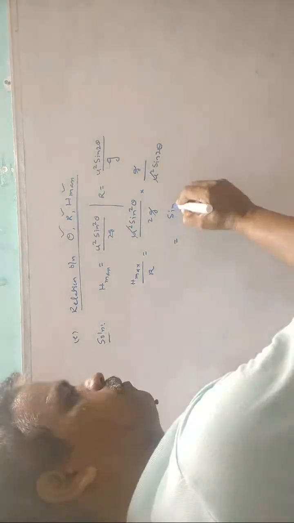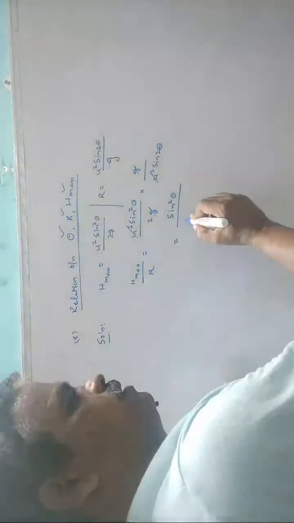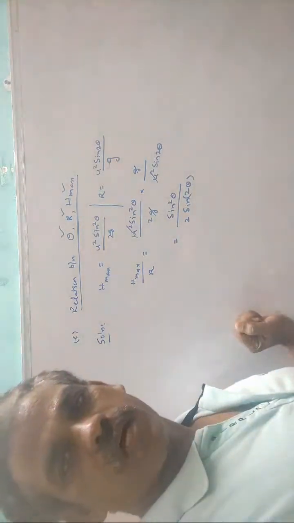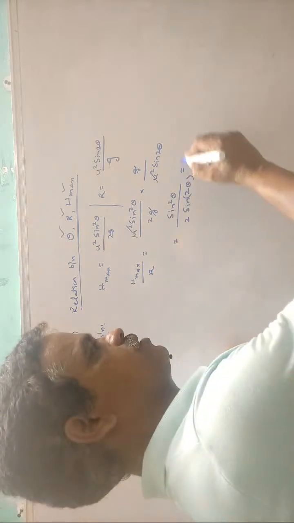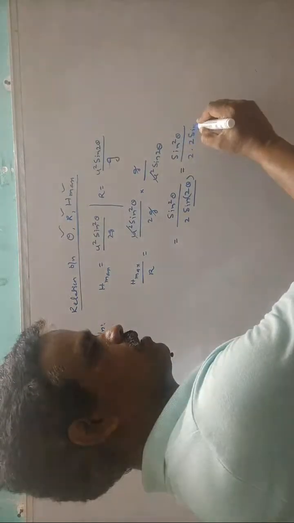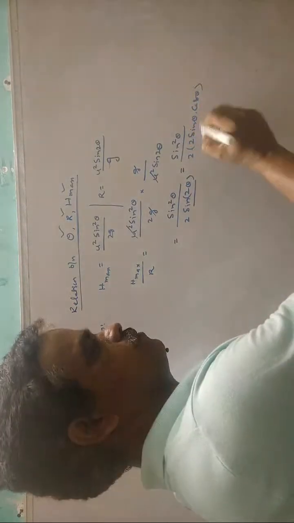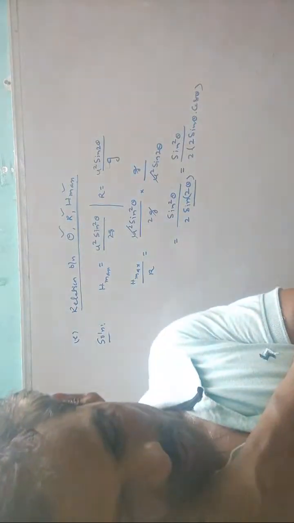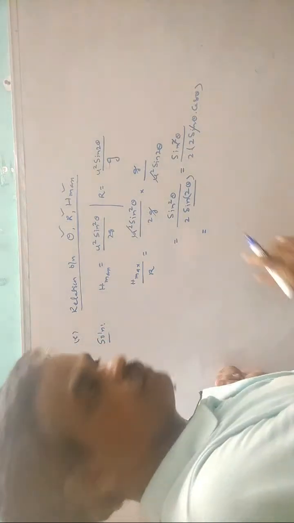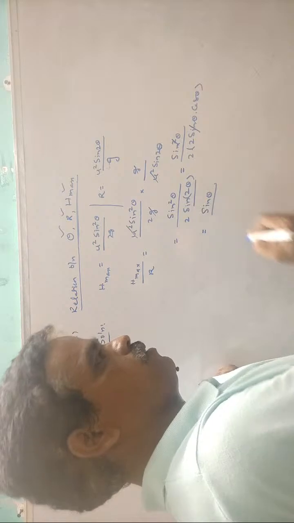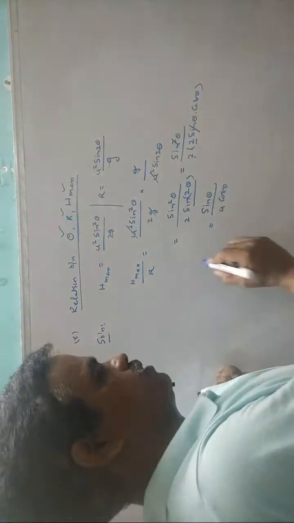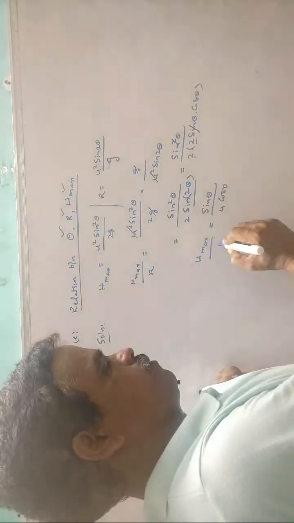So on top we have in numerator sine square theta, in denominator 2 sine 2 theta. Sine square theta by sine 2 theta, where sine 2 theta is nothing but 2 sine theta cos theta. Then one sine theta gets cancelled. You will get sine theta by 4 cos theta, that is equal to h max by R.